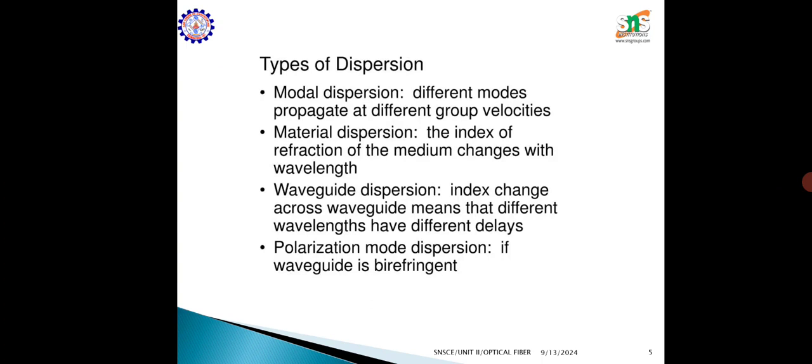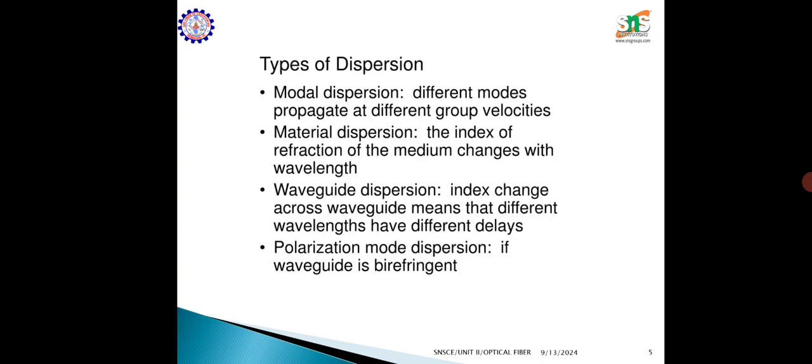Material dispersion occurs due to the different types of material; the wavelength of the material can be changed. Waveguide dispersion arises due to the guiding property of the fiber, so the light can enter at different angles and be incident at the core cladding interface.